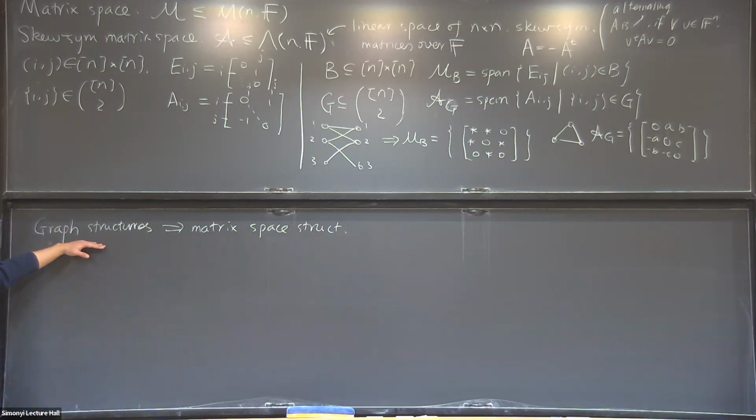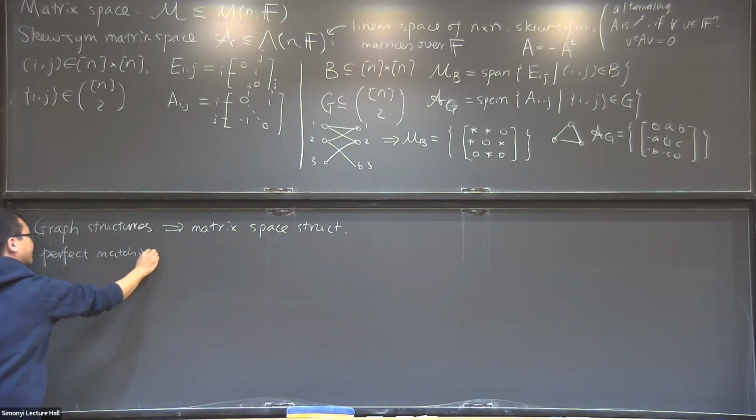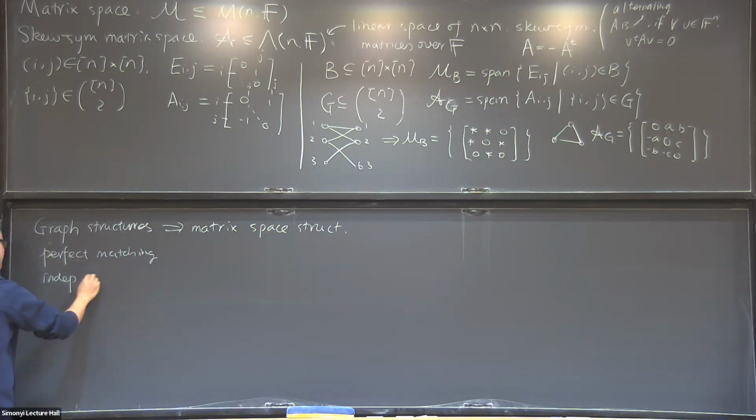So for example, the graph structures, to people in combinatorics, will be, for example, perfect matching, right? Or independent set. Or expander. Or connectivity.